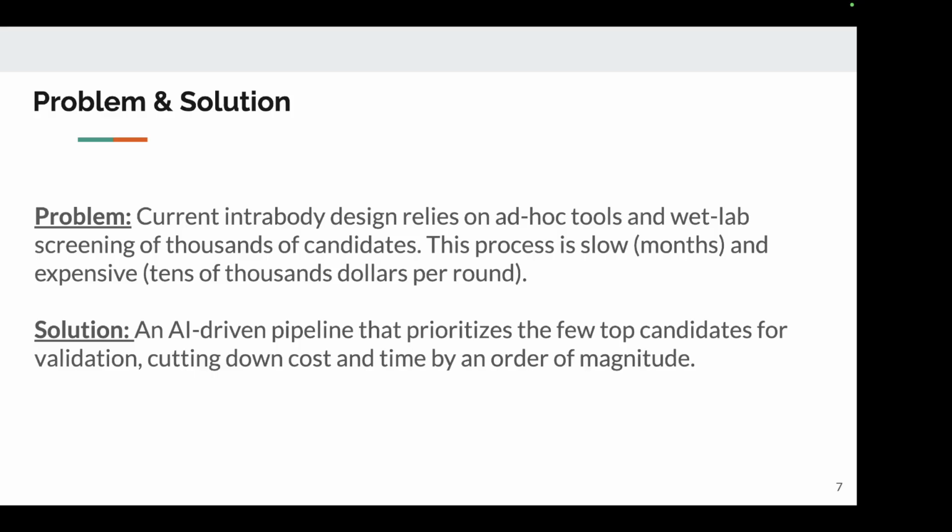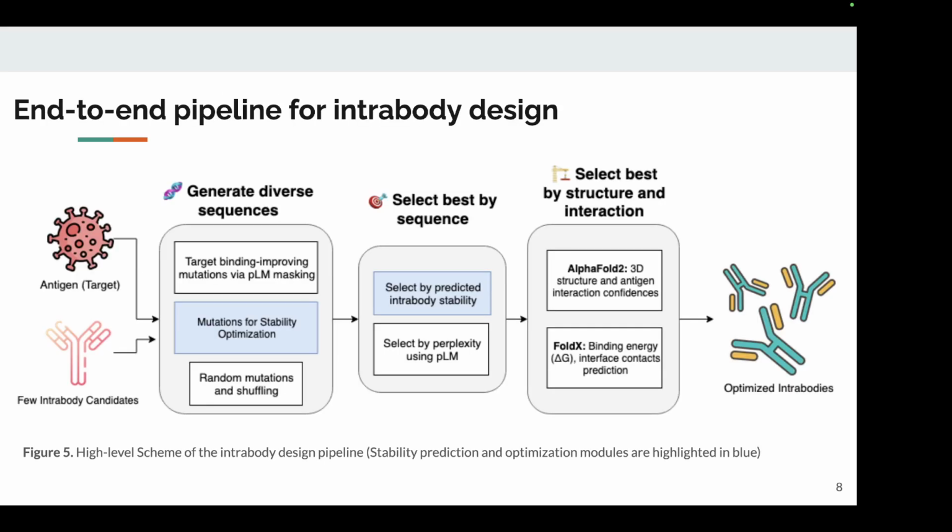And our solution is to use modern AI tools to build a pipeline which helps to generate a lot of intrabodies and select only the best of them. And then we can test only those best candidates in a wet lab. Thus, we will cut down the costs and time by an order of magnitude.